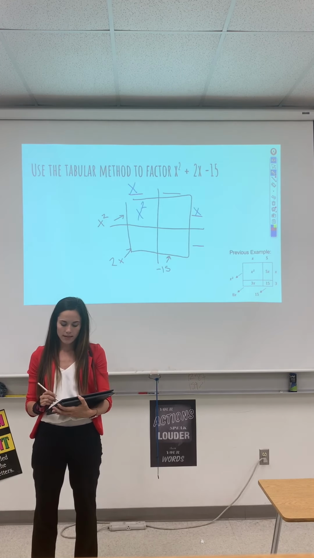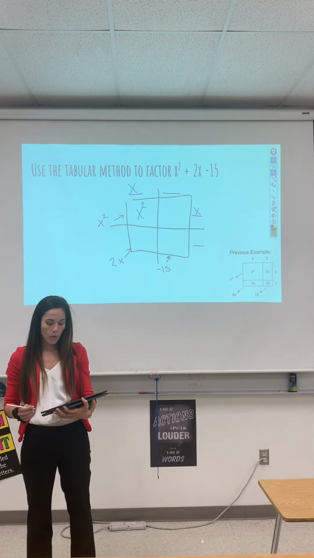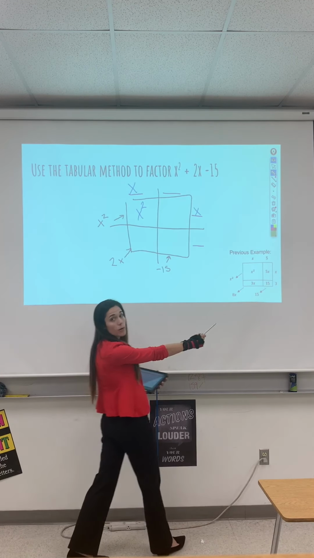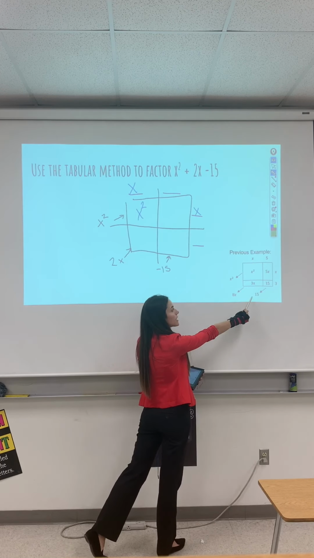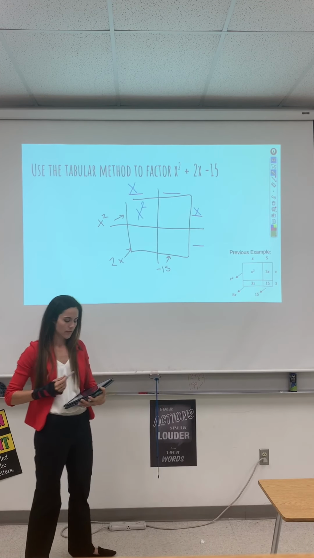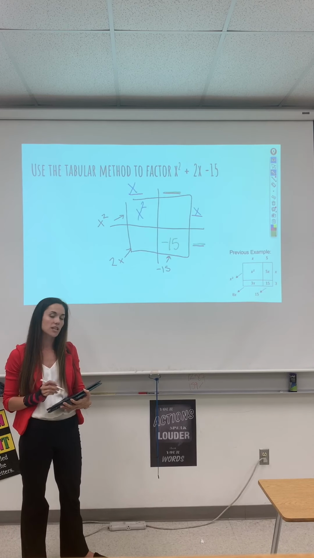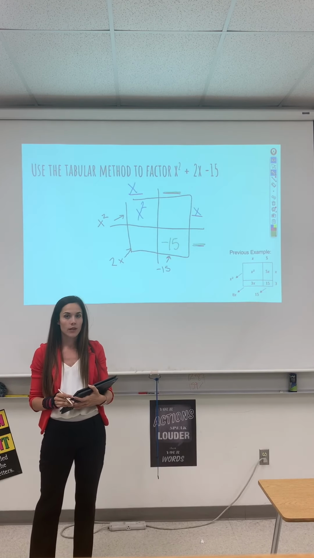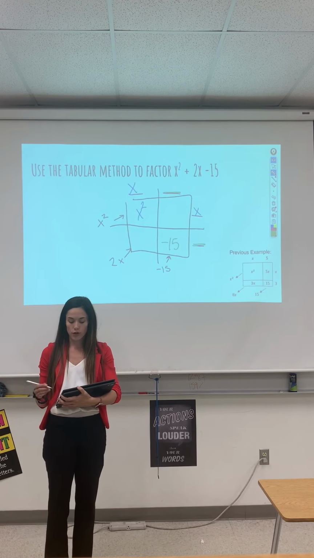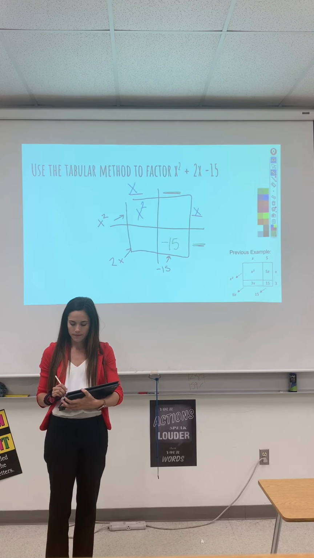Well, next, we see that 15 in our previous example came from that bottom diagonal. So I know that this bottom box needs to be negative 15. That means these two blanks must multiply to get negative 15. We actually have quite a few possibilities there.